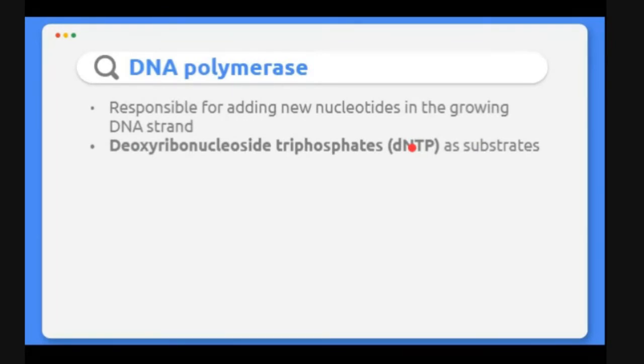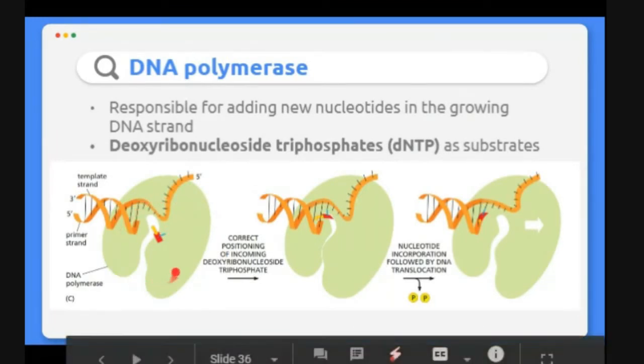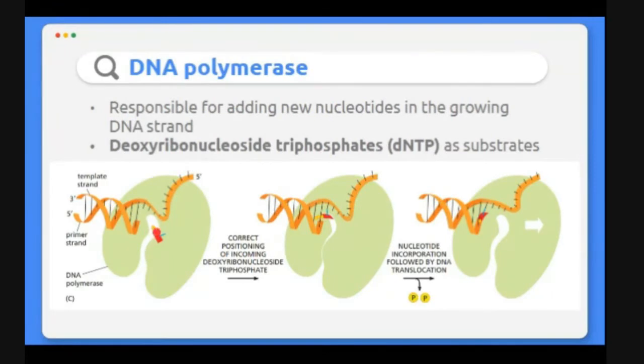Ito yung nakita nyo kanina. So, therefore, DNA polymerase acts on the dNTPs. Ito yung DNA polymerase mo, yung green, it adds the dNTPs in your growing DNA strand. Okay? dNTP or deoxyribonucleoside triphosphate kasi, tingnan nyo, tatlong phosphate groups, triphosphate.